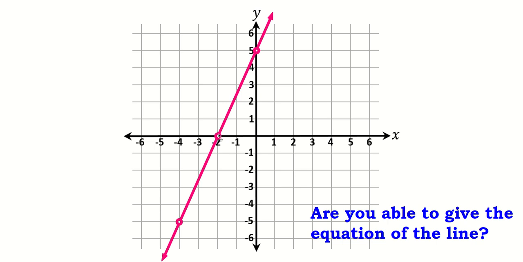And then the slope would be, let's see, 1, 2, 3, 4, 5 up, 1, 2 to the right. So it looks like the slope would be 5 over 2.